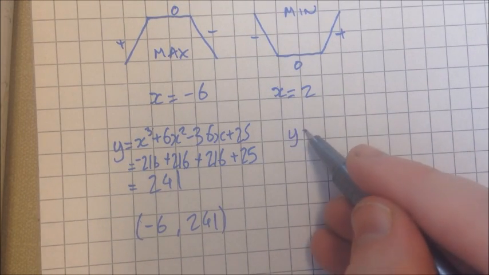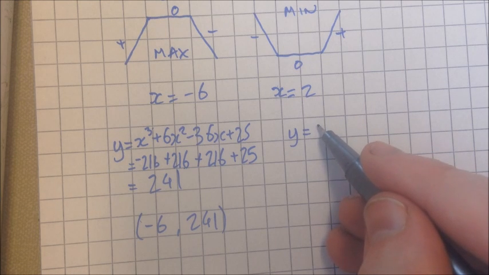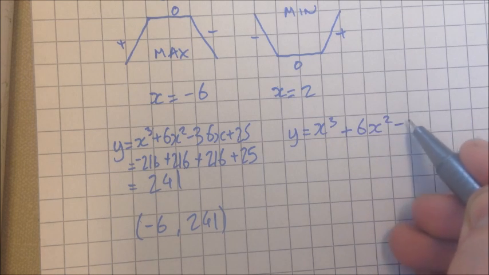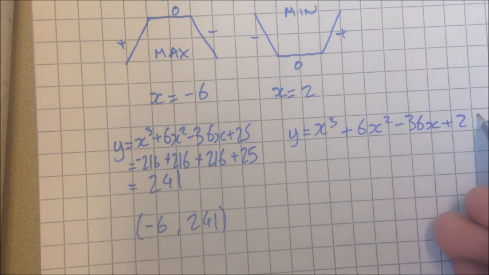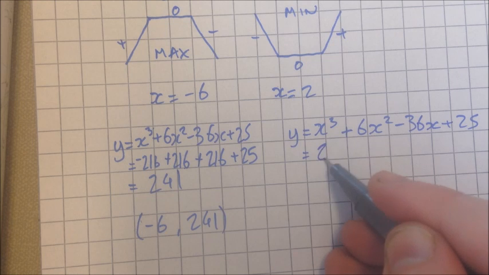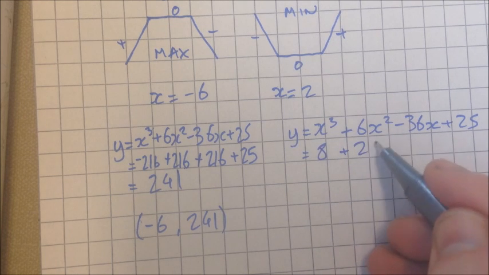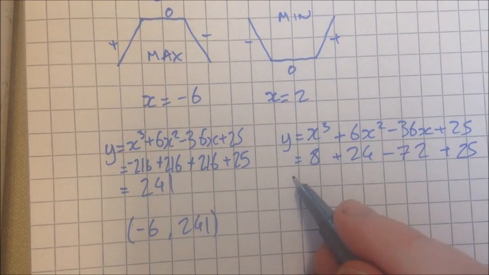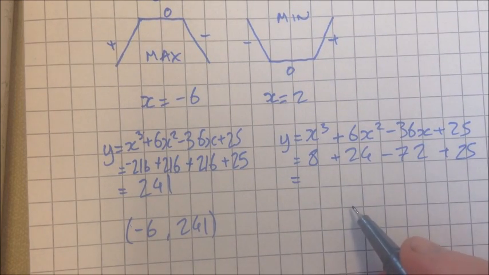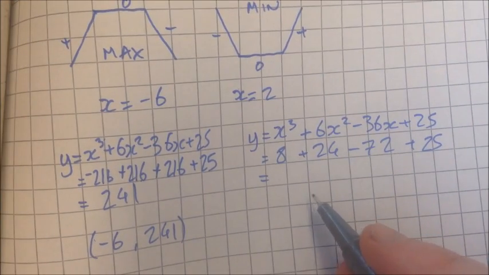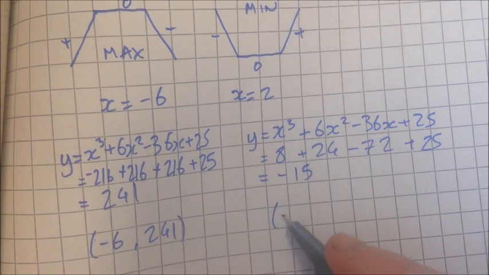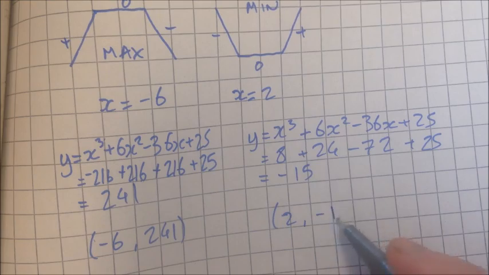And then this one here, y equals 2, so x equals 2, so that is 2 cubed, 8, 6 lots of 2 squared, 24, 72, 25, 32 take away 72 is negative 40, plus 25 is negative 15. So it's 2, negative 15.